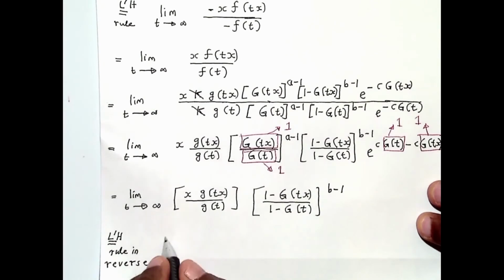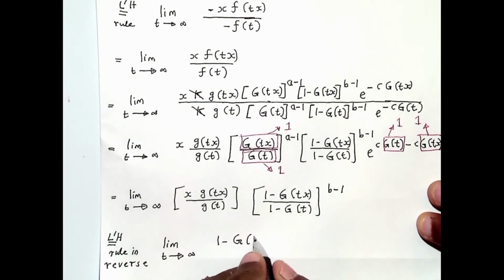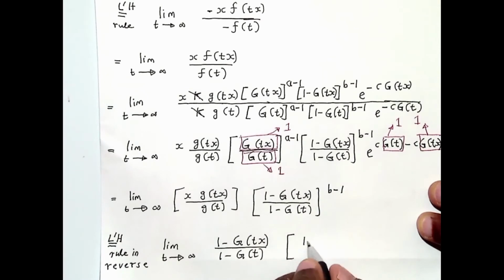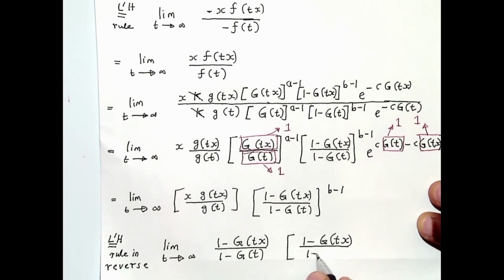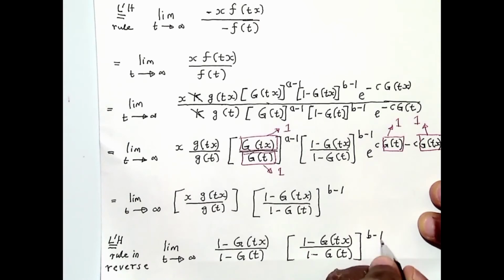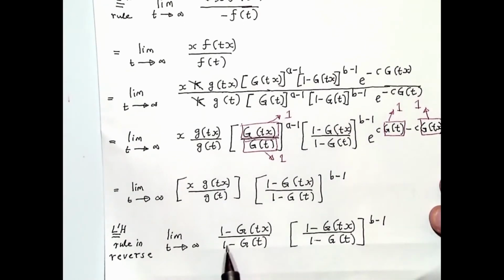But, all right, so you get the limit as t approaches infinity of 1 minus... Okay, what I meant by reverse is the following: if you differentiate this with respect to t and this with respect to t, you will get precisely what you have here and here.